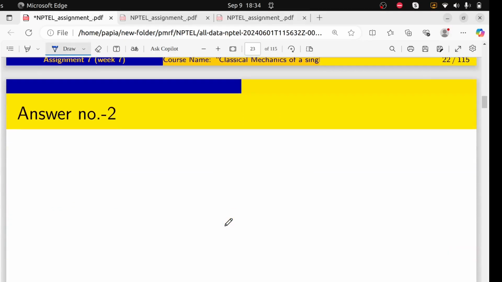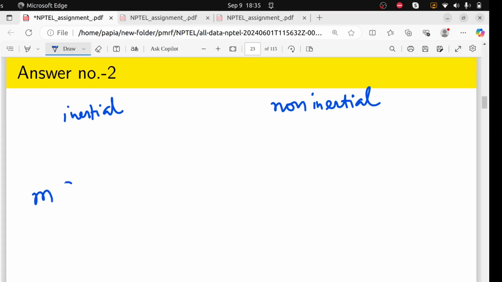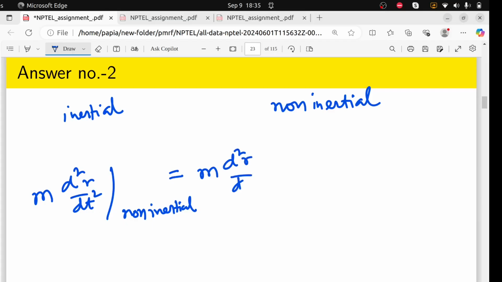If I have a non-inertial frame and an inertial frame, then after doing some mathematics we can have m d²r/dt² in the non-inertial frame equals m d²r/dt² in the inertial frame minus something, and these somethings are pseudo forces.